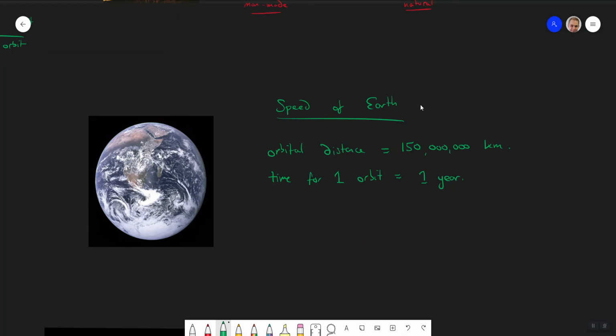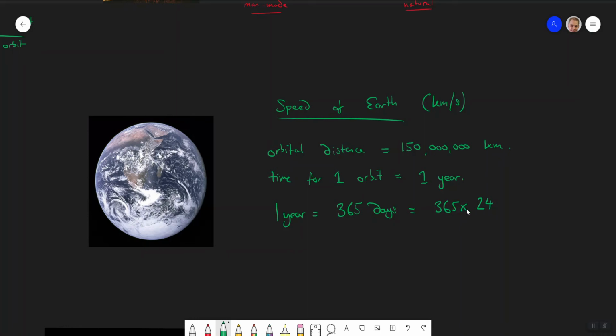Okay, and now let's think. We can pick different units. Let's go with kilometers per second, partly because I know the number I'm looking for, and also it's a nice one to actually try and work out. So orbital distance, here's the thing. Let's think, how long is 1 year in seconds? Okay, so 1 year equals 365 days. I'm ignoring the quarter. So we have to times by 365 to get into days. That's going to equal 365 times 24.